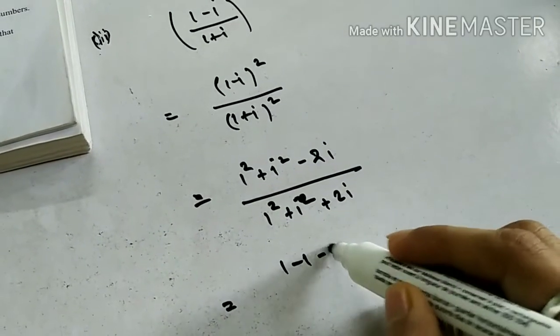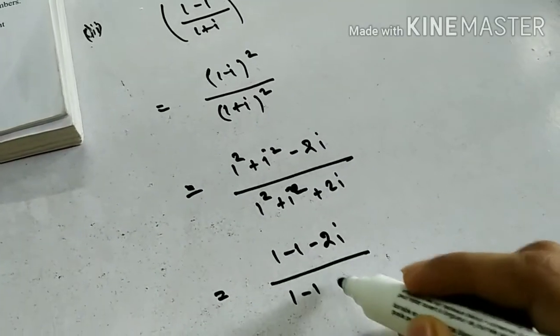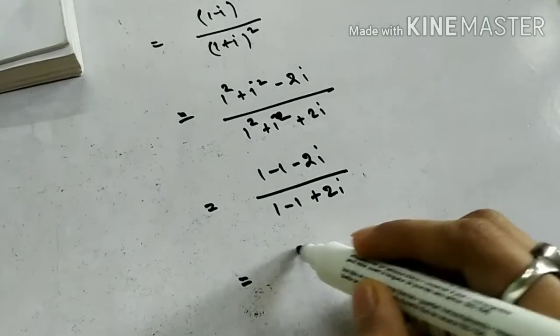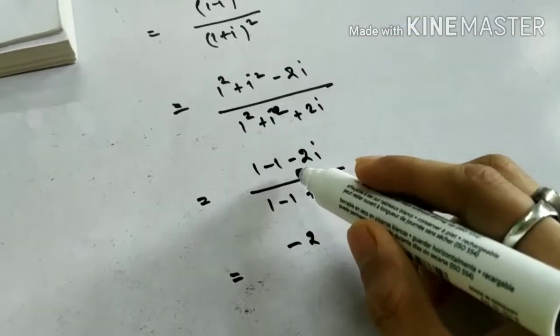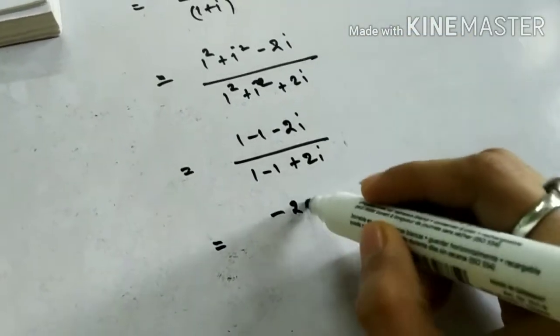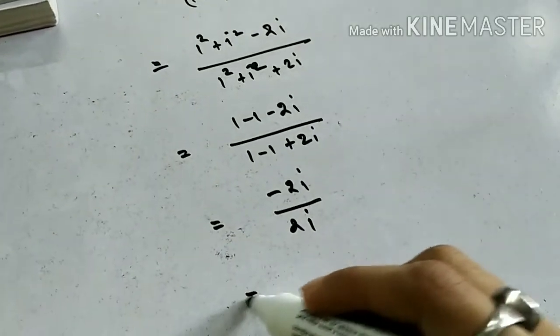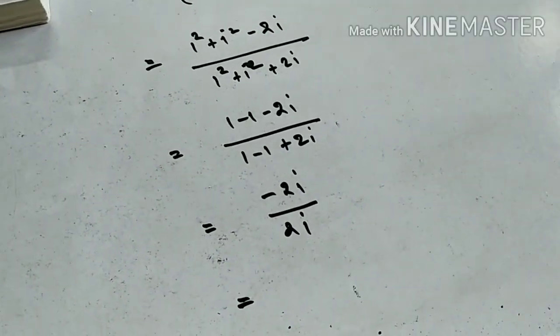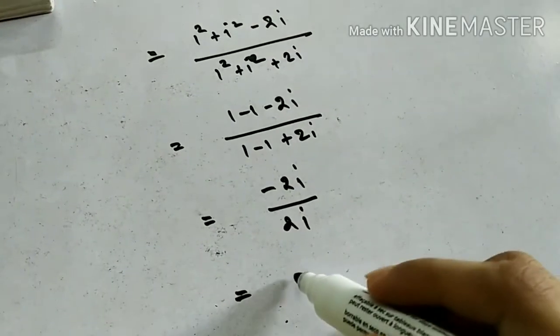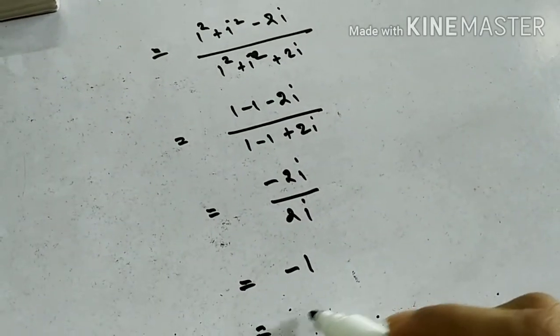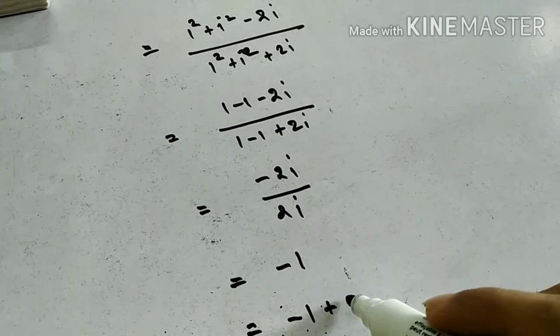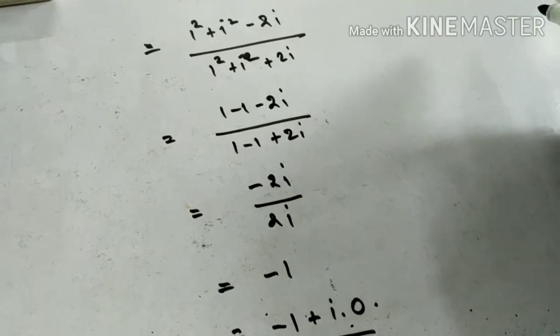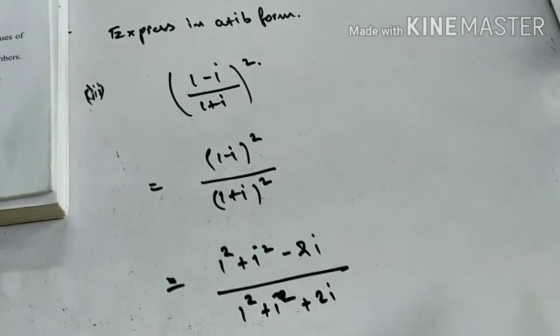So 1 minus 1 minus 2i by 1 minus 1 plus 2i, so minus 2i by 2i. So this becomes minus 1. So this I can write as minus 1 plus i dot 0. This is a plus ib form.